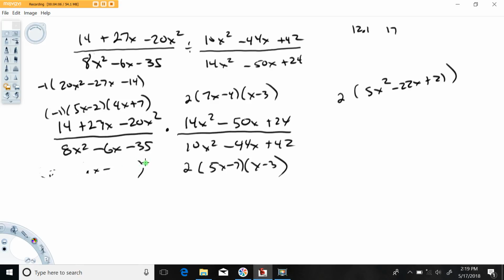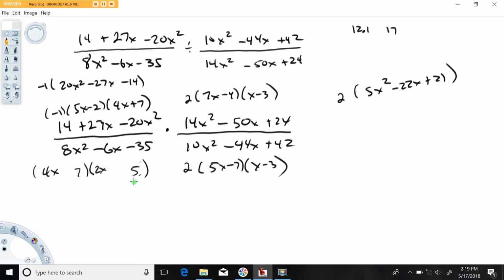So let's redo this. Let's try 4x and 2x. Now what I'm doing is taking a look at factors of 35. 7 and 5 come to mind. Let's try 7 and 5. All right, 28 and 10. That's not going to give us that negative 6. So we might try 7 and 5 the other way.